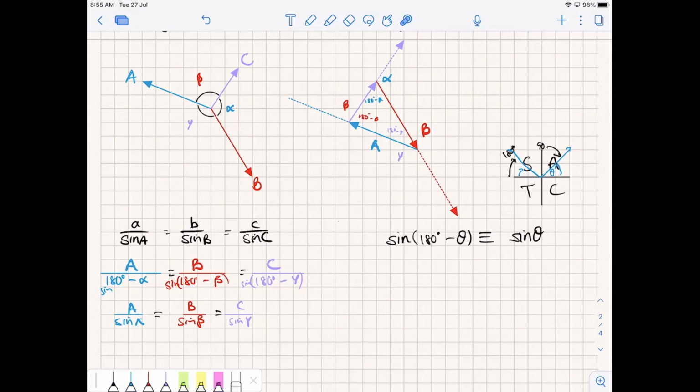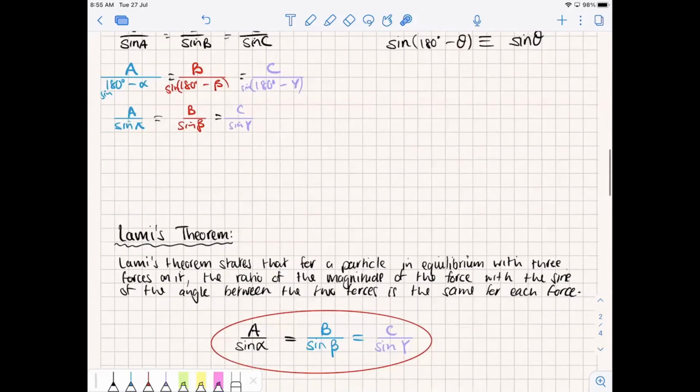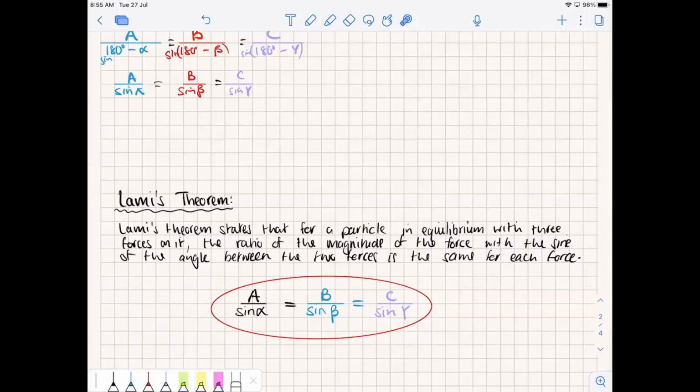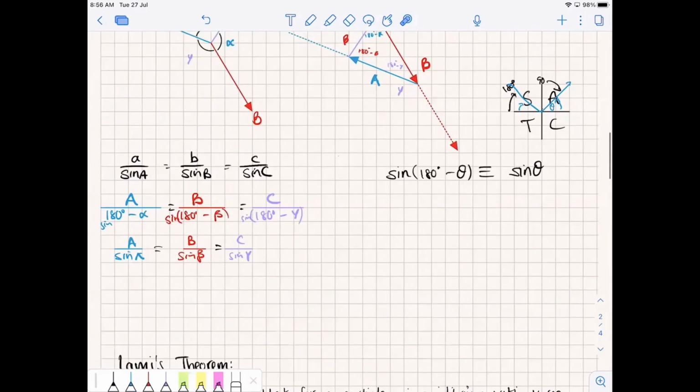So this discovery is Lami's theorem. It states that for a particle in equilibrium with three forces acting on it, the ratio of the magnitude of the force to the sine of the angle between the other two forces is the same for each force. Remember, the sine rule is just the relationship between the length of the triangle's side and the angle opposite to it.